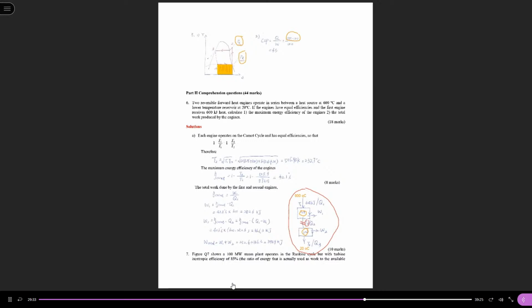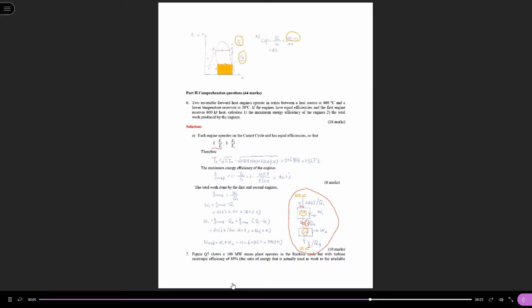This temperature is the low temperature of the thermal reservoir for the first engine, but it's the high temperature of the thermal reservoir for the second. There are temperatures 1, 2, 3. However, the intermediate temperature 2 is special because it's the low temperature of the first heat engine, but it's the high temperature of the second heat engine. Because for the given question, they have equal efficiencies.